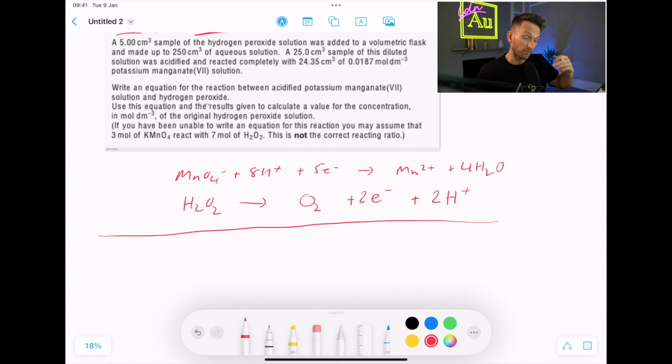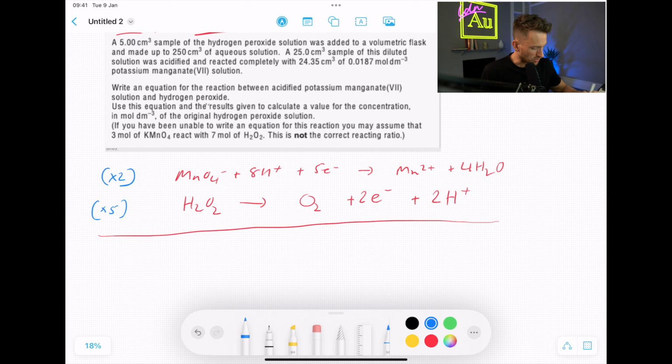So we've got to make the electrons the same in both half equations before we can combine them, because we want the electrons to cancel on the left-hand side and the right-hand side. So if I use a different color to show this, this one I'm going to multiply by 2, and this one I'm going to multiply by 5, because by doing that the electrons become 10 and they will cancel on the left and the right.